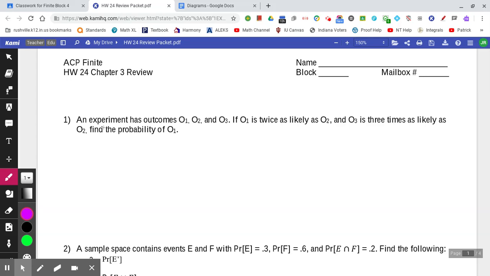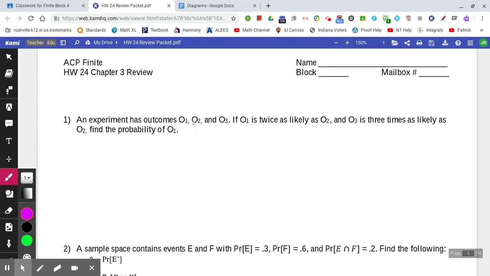So question number 1 says an experiment has outcomes O1, O2, O3. If O1 is twice as likely as O2 and O3 is 3 times as likely as O2, find the probability of O1. All right, so first thing that we should do here is remember that total probability adds up to 1.